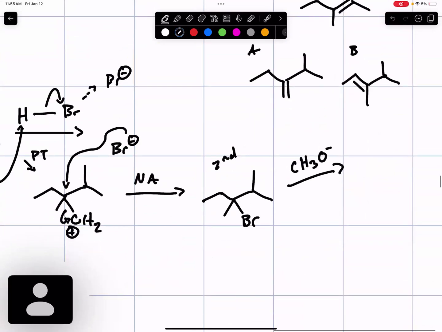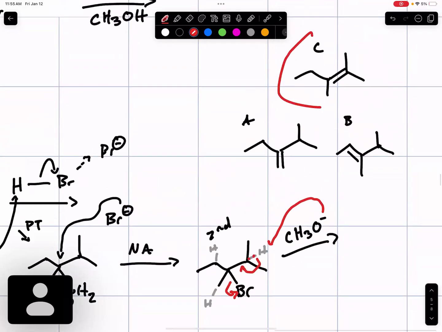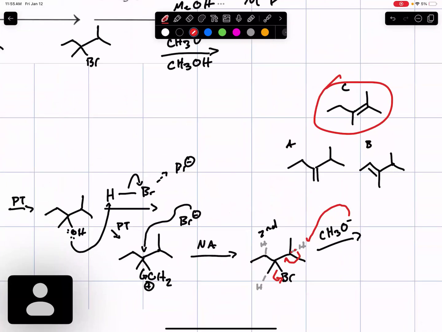Also, because you can pull a hydrogen, you guys are right. You could technically pull a hydrogen from here, from here, or from here. They're all anti-periplanar. But the correct answer is pulling it from the right side. These electrons now donate here and kick out this bromine group. That's what forms C, and that's your correct answer.